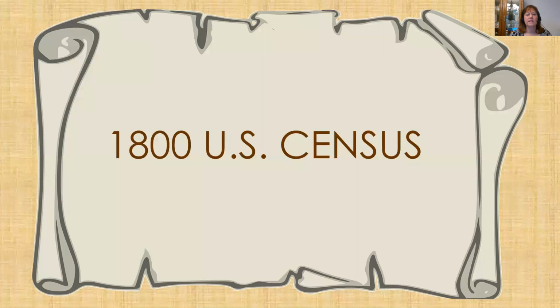The second census of the United States had an official date of August 4th, 1800. This census covered 16 states, including the new states of Kentucky, Tennessee, and Vermont, as well as the territory northwest of the Ohio River, Indiana Territory, and the Mississippi Territory. The inhabitants of the District of Columbia were included in the enumeration of the state of Maryland.